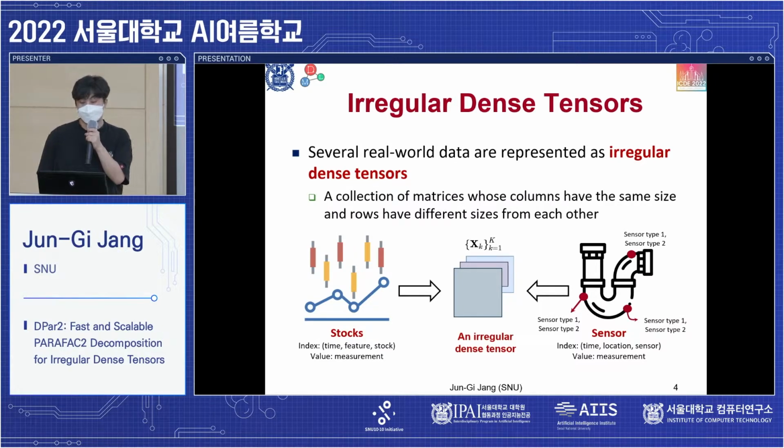Note that features can include opening price, trading volume, and technical indicators. Then an irregular tensor consists of several stocks whose listing periods are different from each other, but have the same number of features. In addition, sensor data and music data can also be represented as irregular tensors.